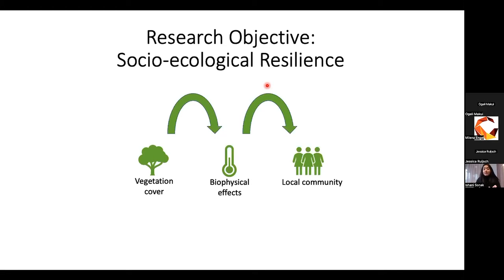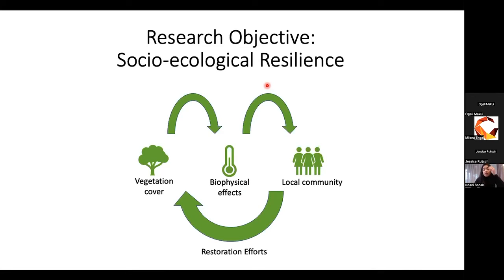So also understanding the actual impact of vegetation cover and surface temperature, and understanding how it was perceived by the local community. Furthermore, if the local community benefited from these restoration efforts, they would reinforce them, which will further increase the vegetation cover and ensure a positive feedback loop.